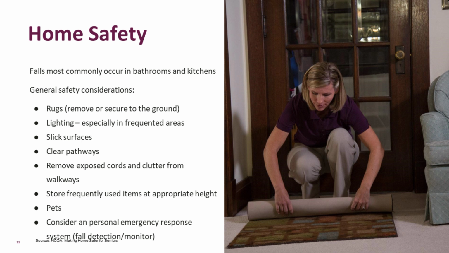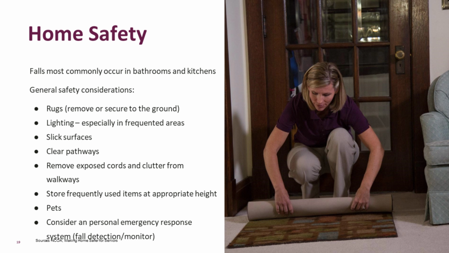It can also be important to consider a personal emergency response system, a PERS, as they're called. Really, that's the fall detection, the monitoring system. I know that it can be challenging to get an older adult to wear those. It's usually in a pendant or a watch style.